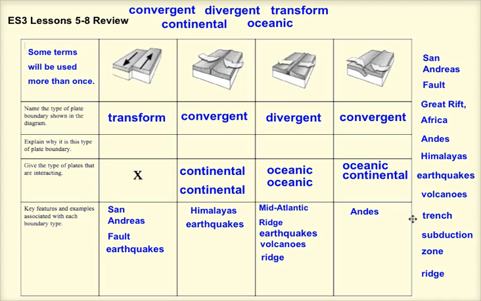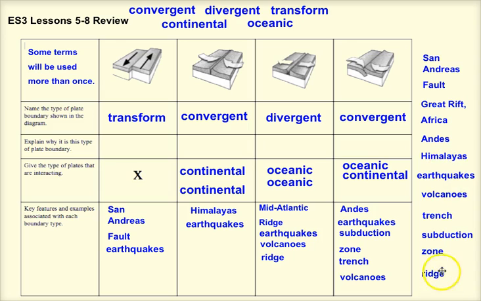You said the Himalayas are the same as the Andes, and you had them in the same box, which they're formed in very different ways, so you couldn't have that. So when we look at the Andes Mountains, are we going to have earthquakes? Absolutely. Now remember I just said there's a subduction zone. So if you have a subduction zone, you're also going to have a trench. And subduction zones can create what? Volcanoes. So this is what I would expect you to have for this last one.